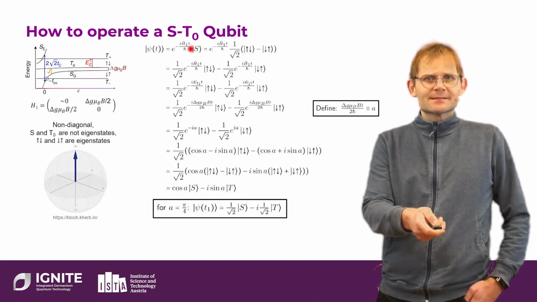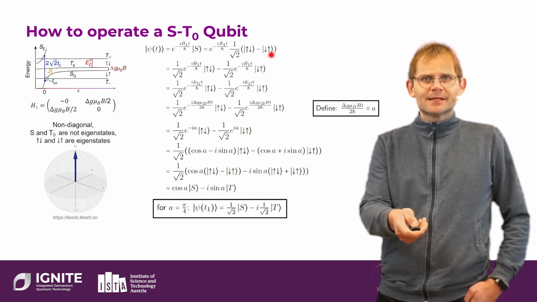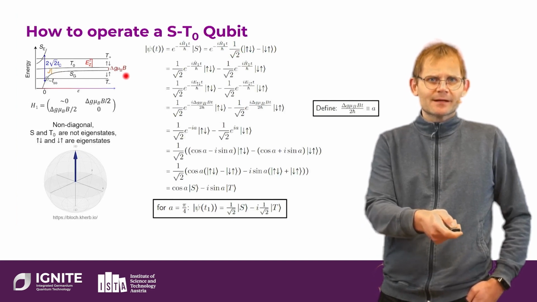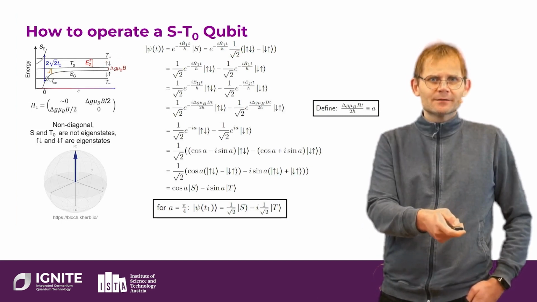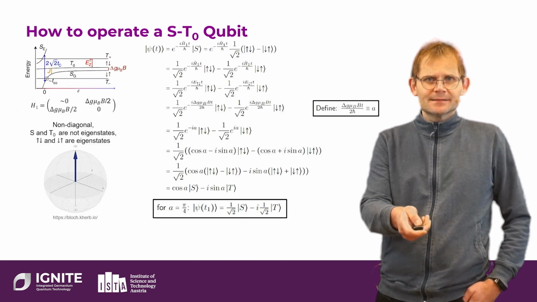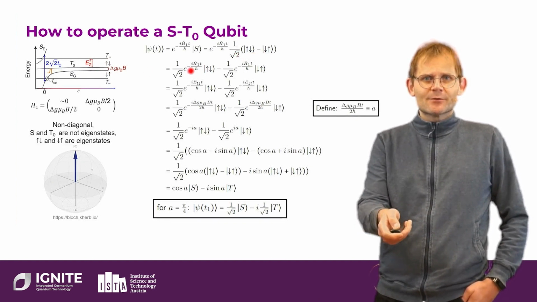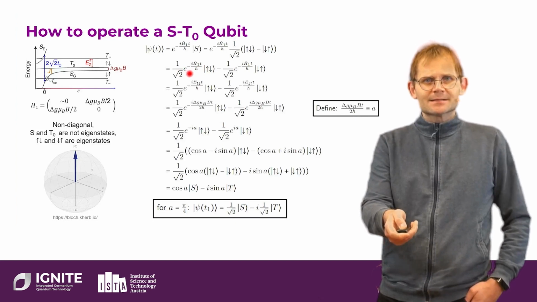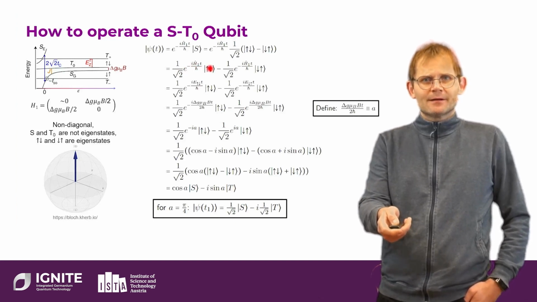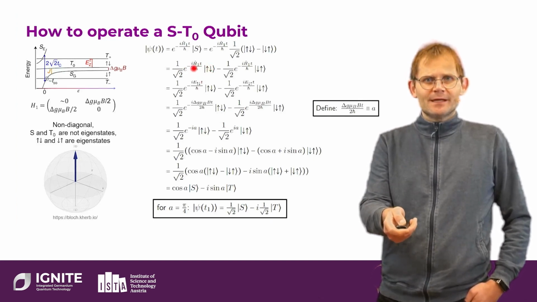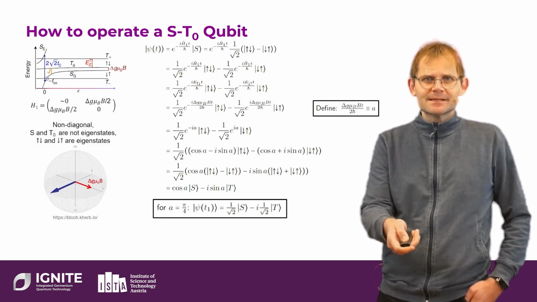Now we express the singlet as up-down minus down-up, because remember, at this point, the singlet and T0 are not eigenstates. However, up-down and down-up are eigenstates, so when the operator acts on up-down, effectively we get the energy of the up-down and down-up states.